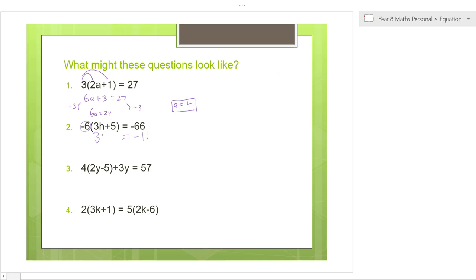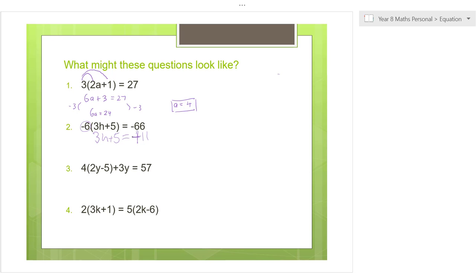Just quickly though, that's good, but let's think about what negative 66 divided by negative 6 is. Got a negative number? Can I get you to put a positive in front of that? That's good. So positive 11. And can you see there, by doing that, we've eliminated those brackets. There's no need for brackets anymore. We've got 3h plus 5 multiplied by minus 6.